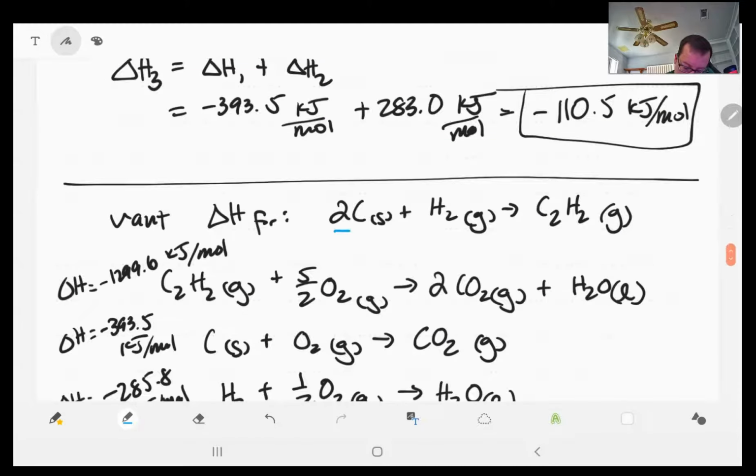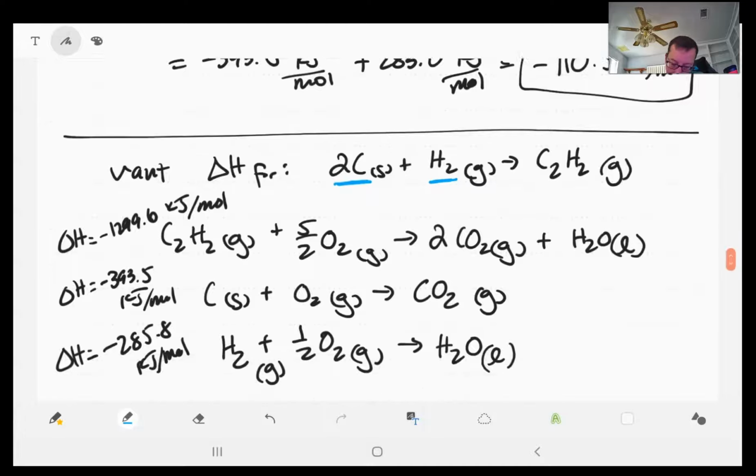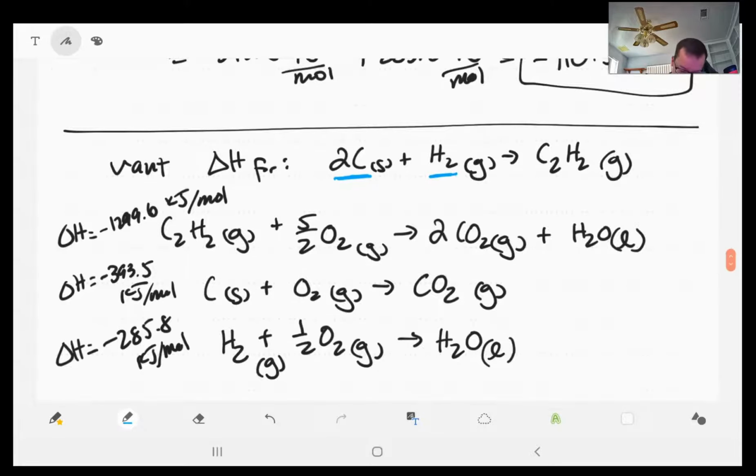Okay. So I'm looking for these 2 things to be reactants. I need carbon, solid, and I need hydrogen, gas, as my reactants. Looks like those are already on the reactant side of these equations. So that's good.